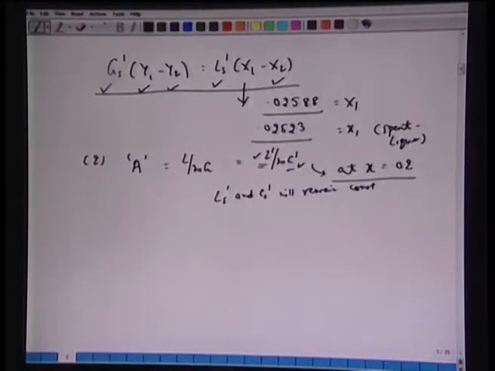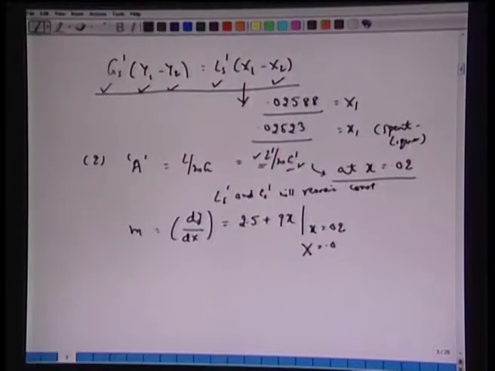Okay. So, first the slope m is nothing but dy by dx, which you calculate by differentiating equation 2.5 plus 9x, evaluated at x equal to 0.02, or capital X equal to 0.0204, to obtain 2.68, right.